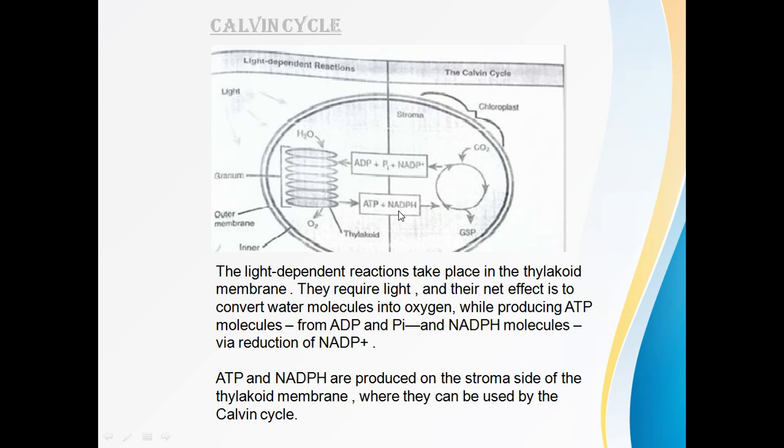NADPH. The full form of NADPH is nicotinamide adenine dinucleotide hydrogen phosphate. NADPH will also provide the energy like ATP.